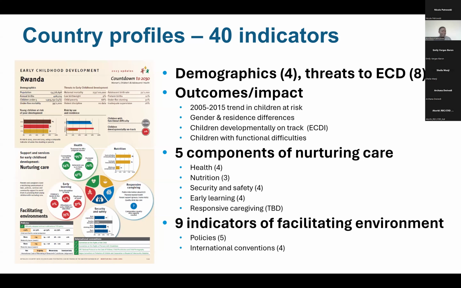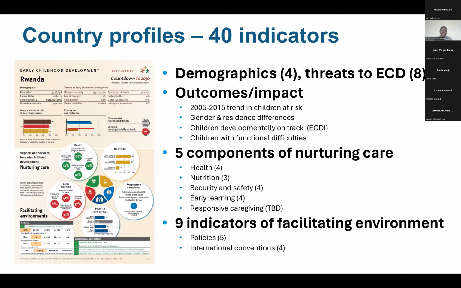And again, the 5 components of nurturing care I indicated earlier on. So health has 4 indicators, nutrition has 3, safety and security has 4, early learning has 4, and you may be wondering why responsive caregiving is still to be developed. Work is already happening, so we know the gap. When you go to that page, you see there's always a question mark on responsive caregiving, but we are defining that, so we should be able to finalize soon.